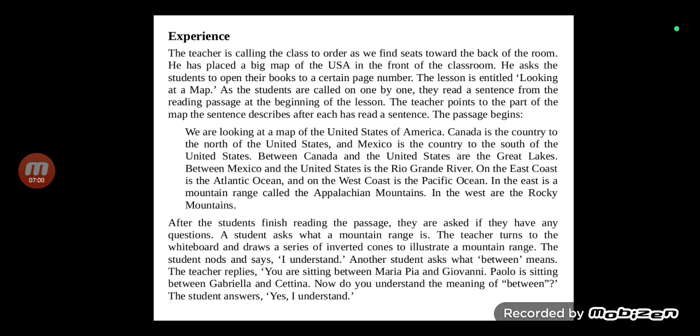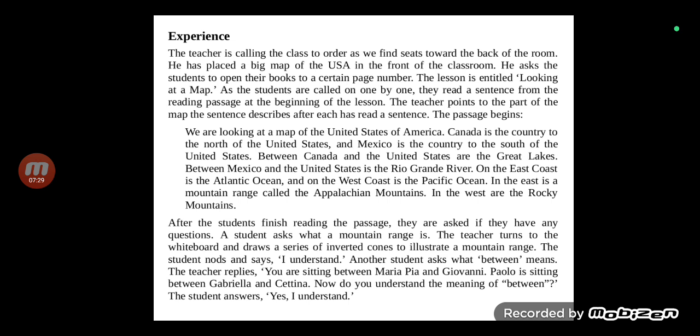After the students finish reading the passage, they are asked if they have any questions. A student asks what mountain range is. The teacher turns to the whiteboard and draws a series of inverted cones to illustrate a mountain range. The student nods and says, I understand.